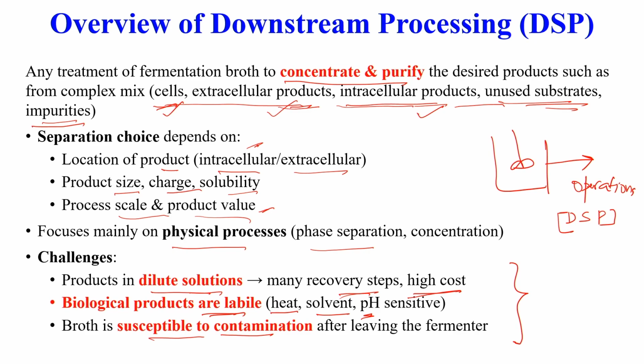Once contamination is there, that can also be a challenge to separate, because until this bioreactor you are working in an aseptic or sterilized environment, but once you take the product away from here, it is difficult to maintain this sterilized condition all the time.